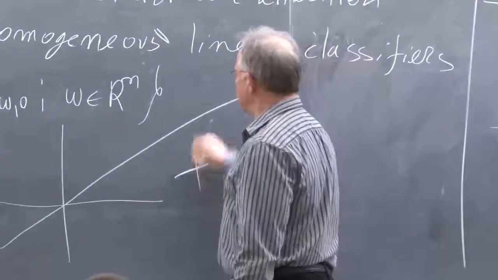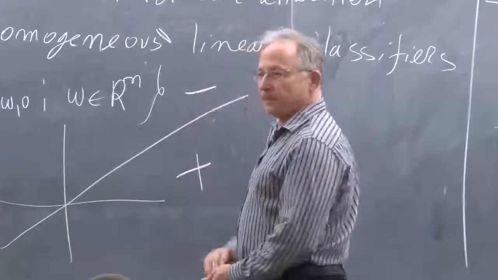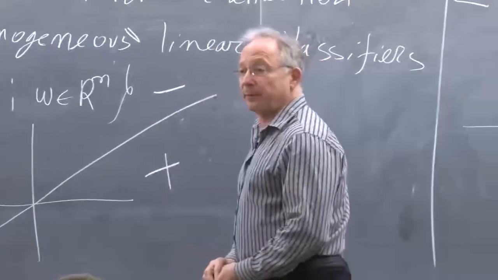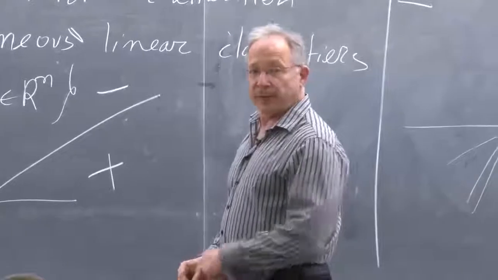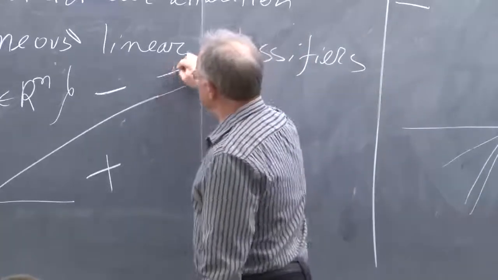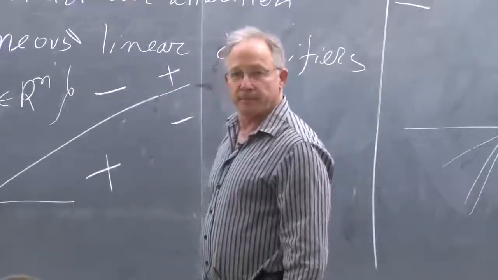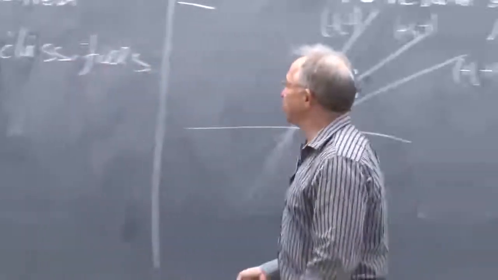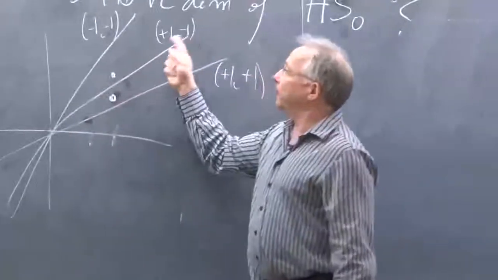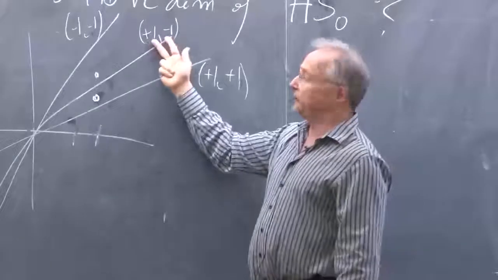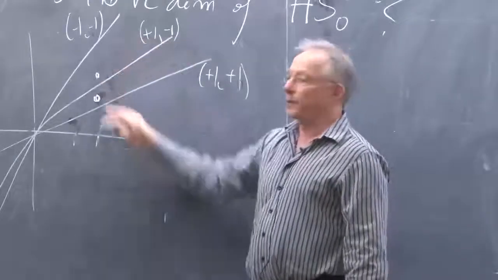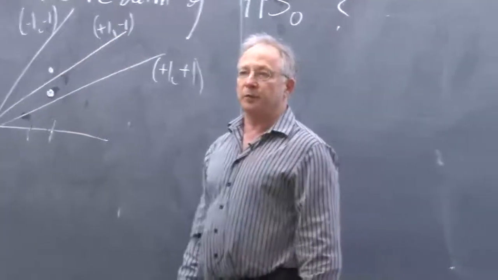That one that says plus here and minus here. But if I flip the coefficients from minus to plus, I get the one that will give me plus here and minus here. So by flipping the coefficients, I will also get the +1, -1, the opposite of this one, and I'll have all possible ways of splitting these 2 points.